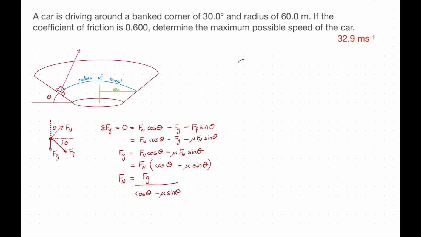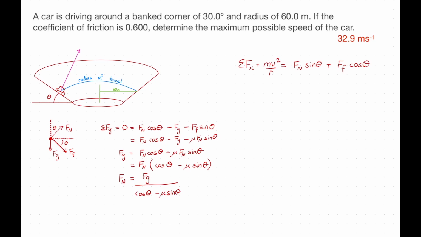The sum of forces on the x, though, is going to be our uniform circular motion. So that's going to be equal to our mv squared on r. There are two forces pointing in towards the center. We have the horizontal component of the normal force as well as the same component of the frictional force. So we end up with Fn sine theta plus our force of friction, but this is our cosine of theta.